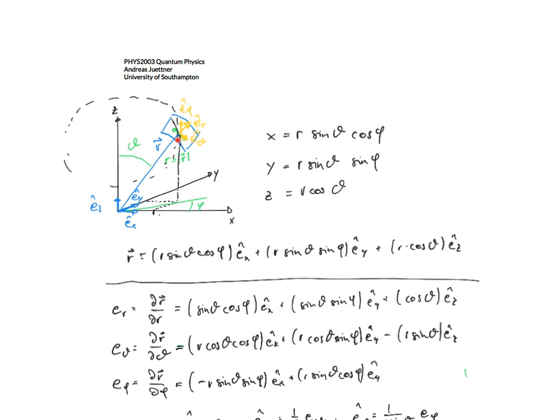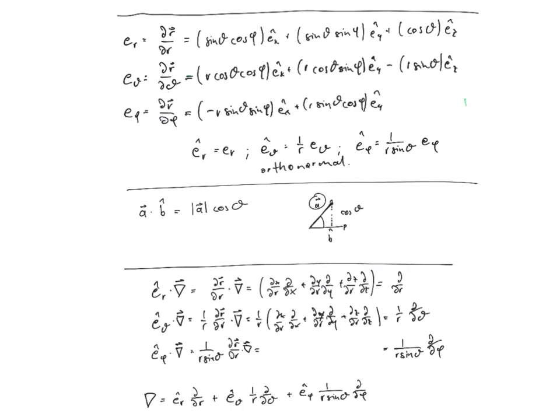If you had an r vector pointing over here, this local coordinate system would really change because we are at a different point on the sphere, and in fact e theta and e phi span the tangent space of the sphere. So in contrast to Cartesian coordinates, where the unit vectors are constant and don't depend on your vector r, the spherical unit vectors depend on your particular position in space.